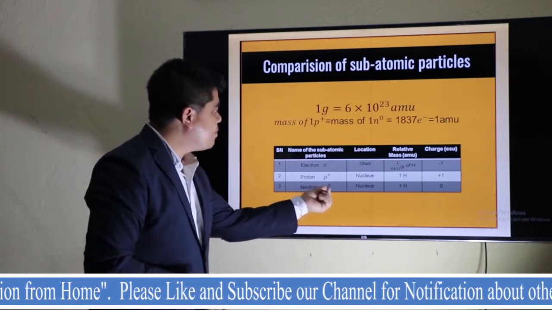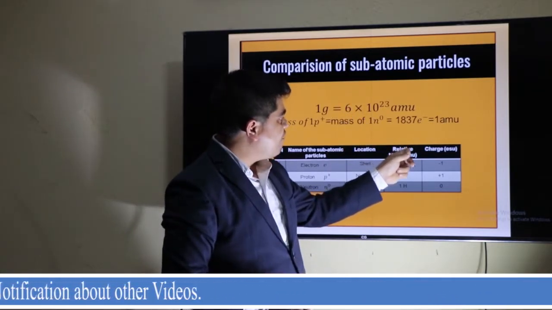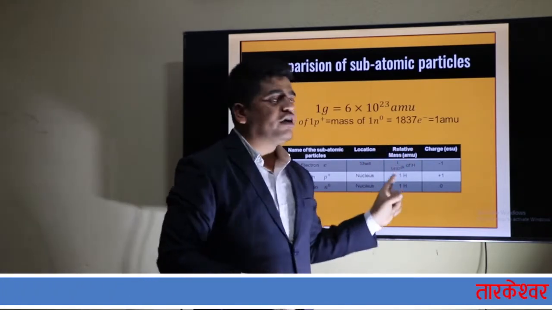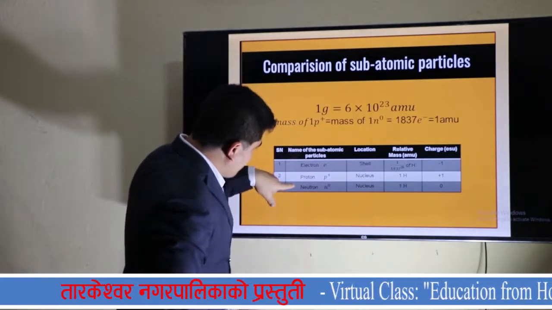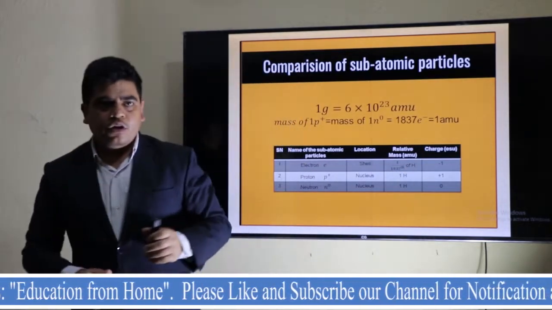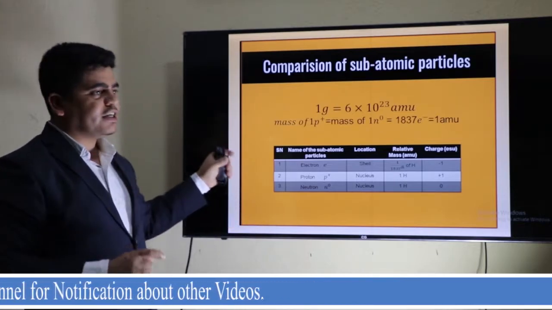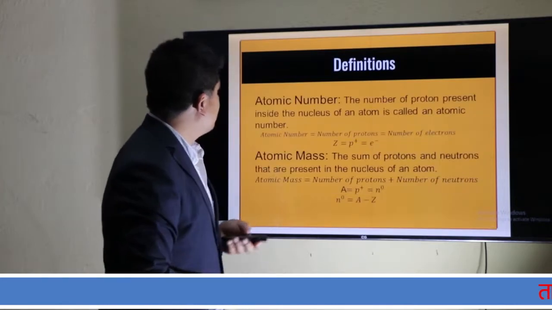We have the symbol n⁰, and it is located inside the nucleus, having a relative mass of 1 AMU and a charge of 0, because the neutron is chargeless. The unit of electric charge is the coulomb, so we have to know about it.